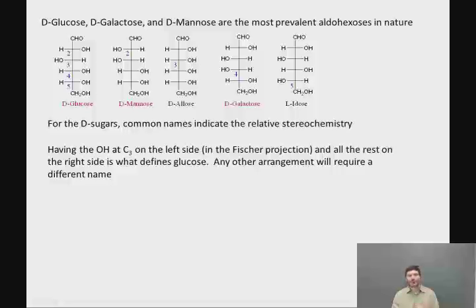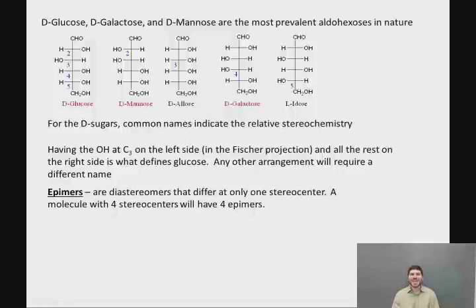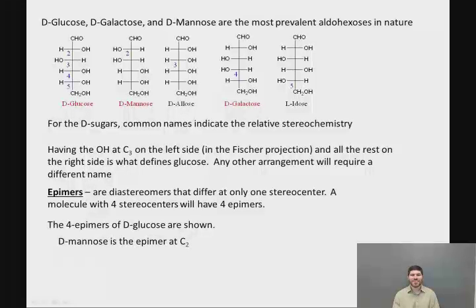And the other 4 structures that I have drawn on this slide, once again, next to glucose, have a special relationship with glucose in that they are the epimers of glucose. So epimers are defined as diastereomers that differ at only one stereocenter. So a molecule with 4 stereocenters will have 4 epimers. And the 4 epimers of D-glucose are: D-mannose is the epimer at C2.